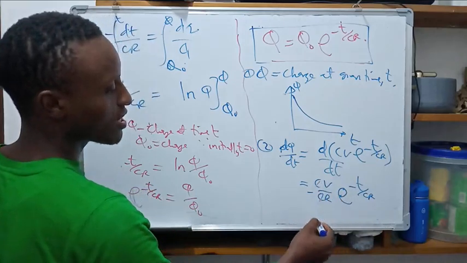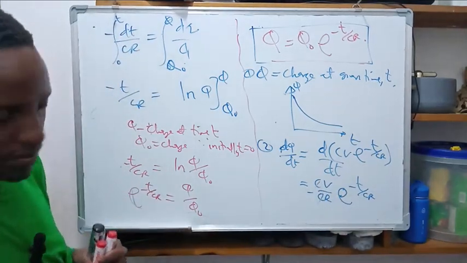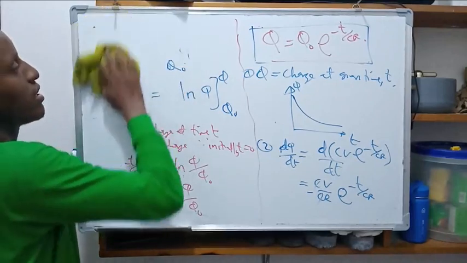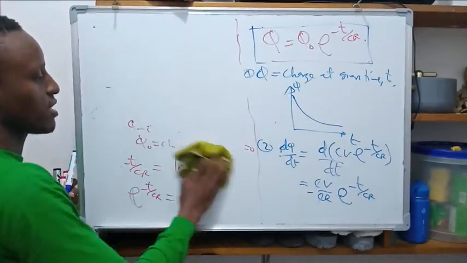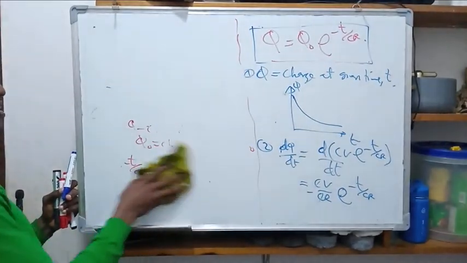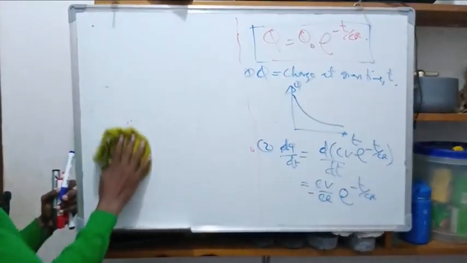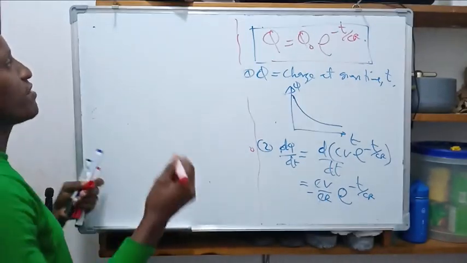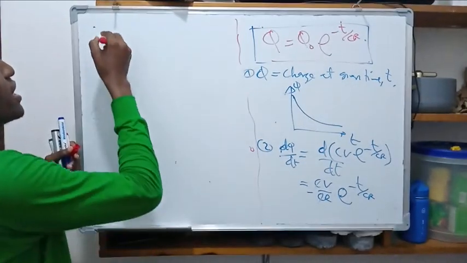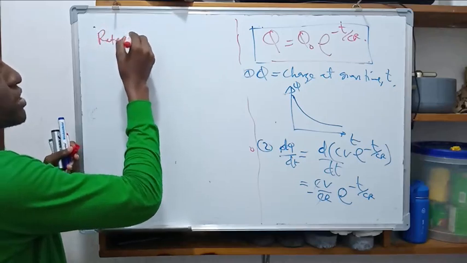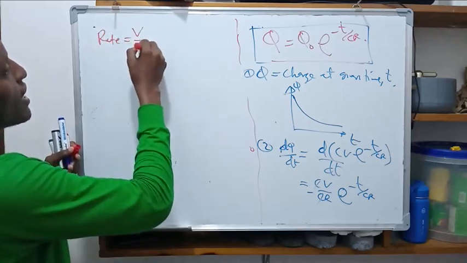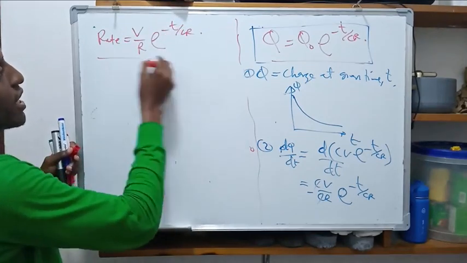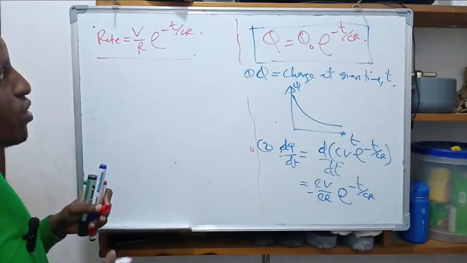Cancelling the C's, we can easily get V over R. So the rate of flow of charge is V over R times e to the negative t over CR.